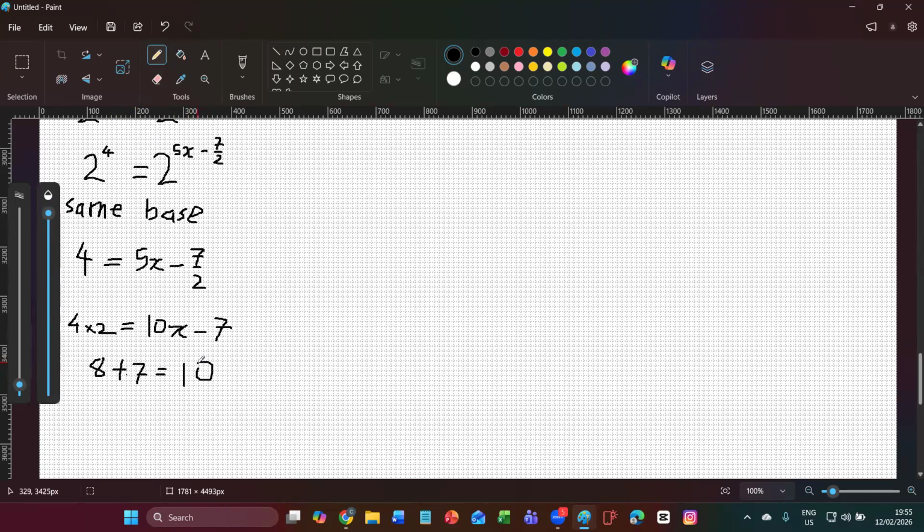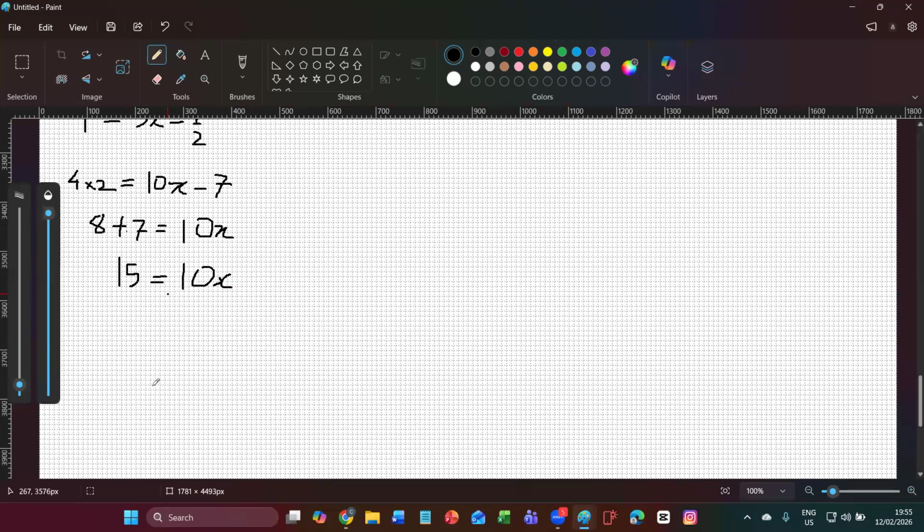So 8 plus 7 is 15, right? Yes. That will leave us with 15 equals 10x. So x will be equal to 15 over 10, which is what? We're dividing both sides by 10, isn't it? Yes. So on this side, we have 15 over 10. So what would 15 over 10 be?